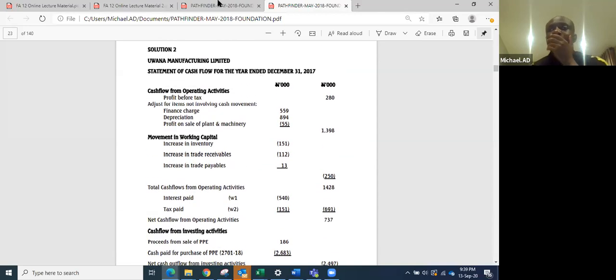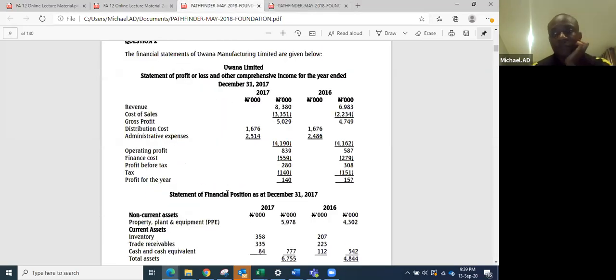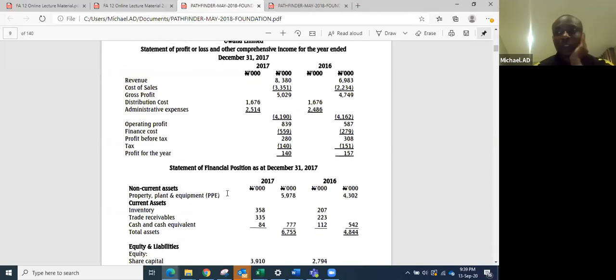Oh, great. Okay. All right. So, like I was saying, the profit for the year was 140,000 naira, and you can actually pick it, but note that if you are picking it, you'll be adding back your tax because you're actually not paying it.